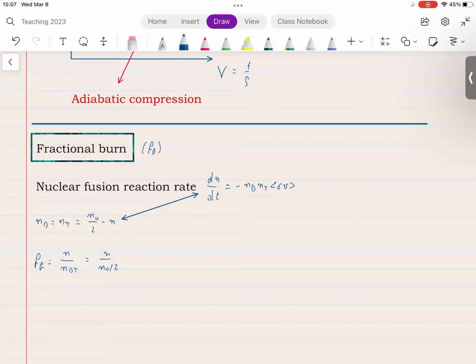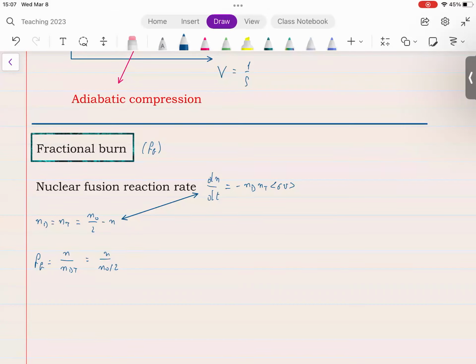And you can integrate this expression, assuming that there is a finite amount of time over which we have fusion reactions.